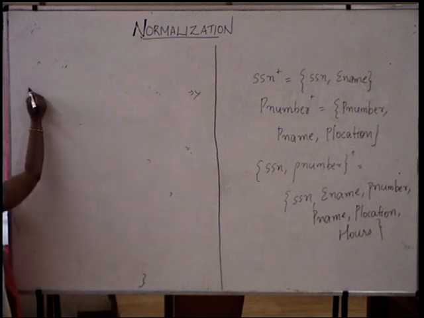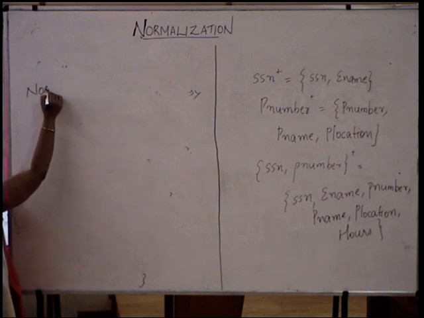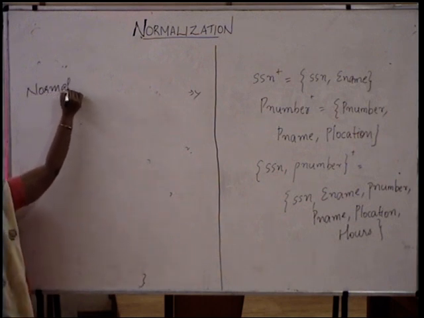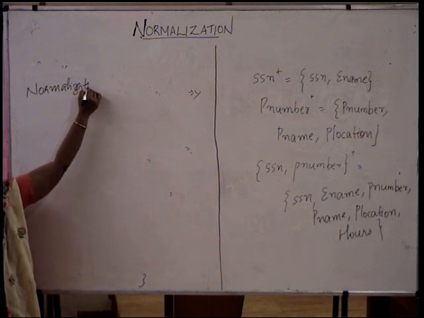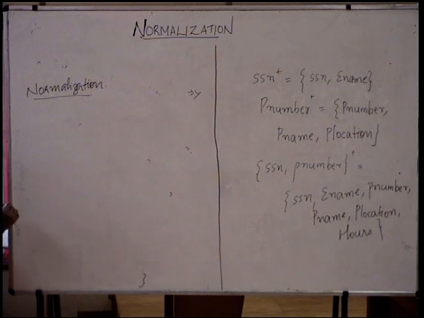So next is normalization. Before going to the normalization, we will do one more example on finding key attributes and non-key attributes.